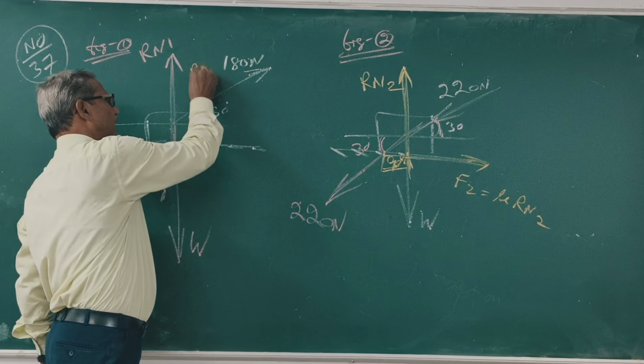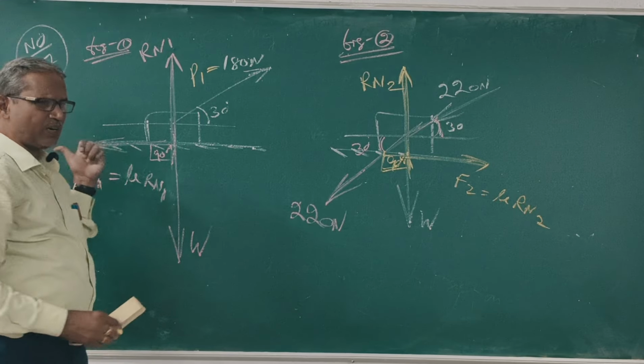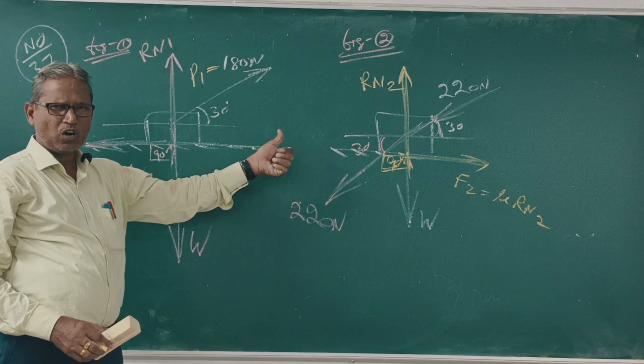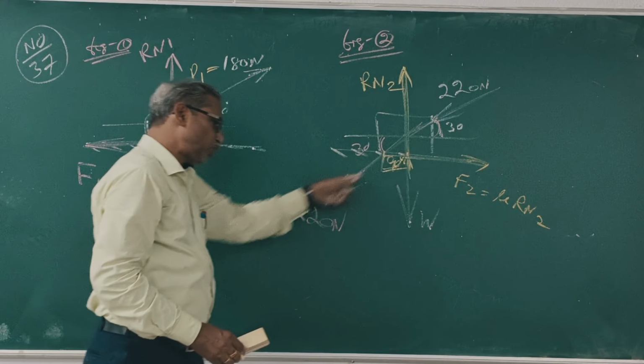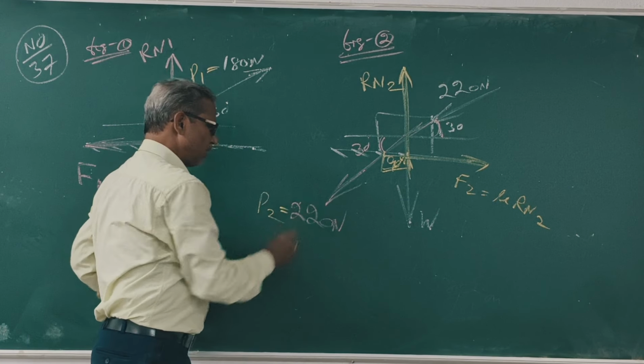This is force P1. What is P1? 180 Newton. So this is F1. Force of friction is always applied opposite to the applied force. Similarly, here this is force P2. Clear? This is F2. Now consider figure 1 and figure 2. Resolve all the forces along the plane and normal to the plane, then equate and find the answer.